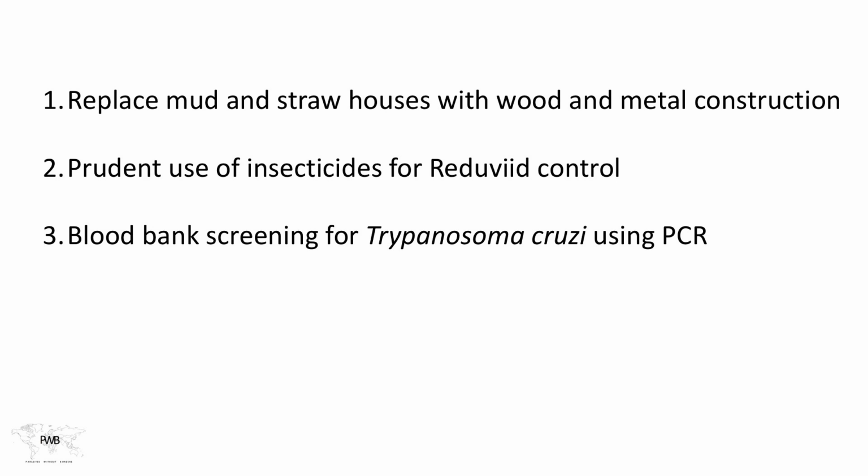And one way to do this is to realize that mud and straw houses made from bricks that you can make from quite common materials that are found throughout the environment can be replaced with other, in this case, government-subsidized materials.